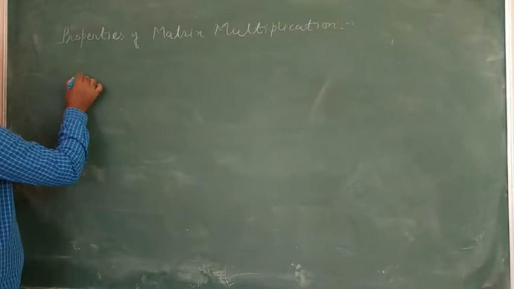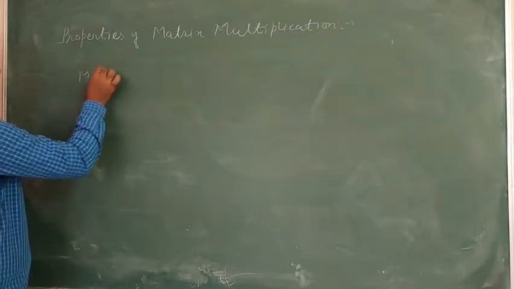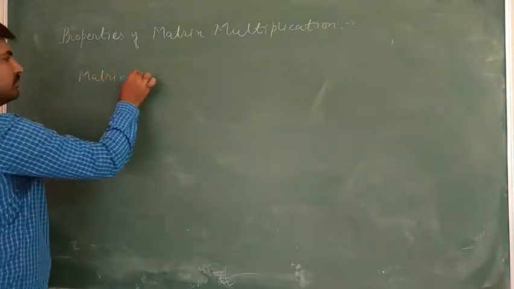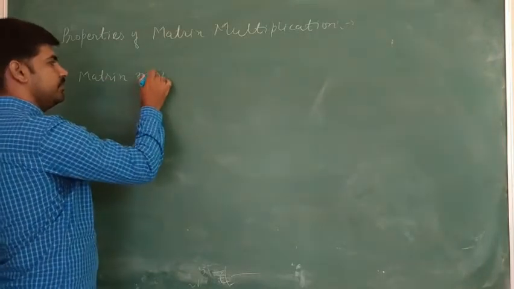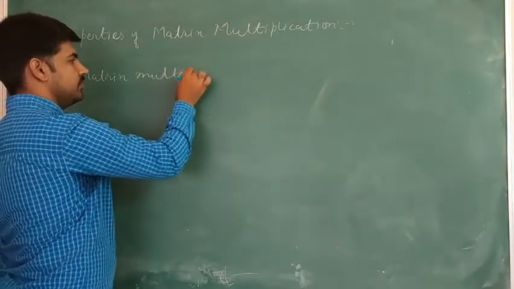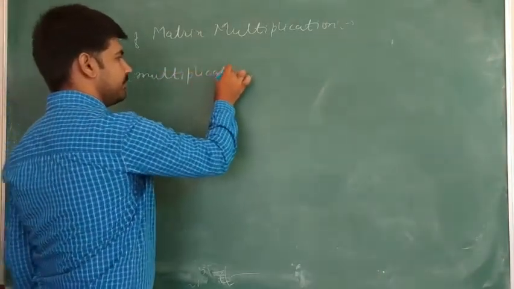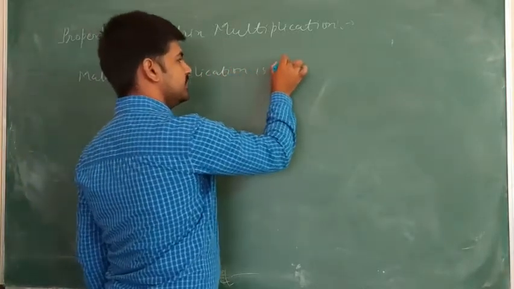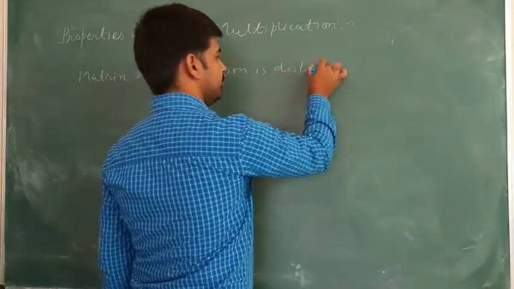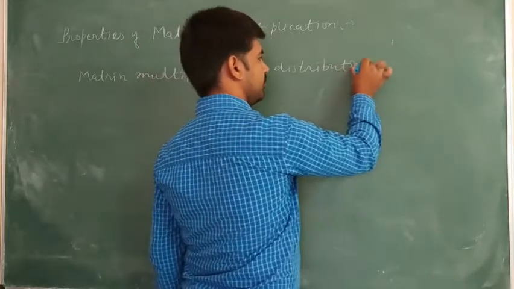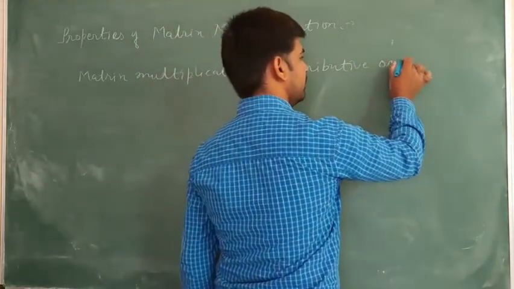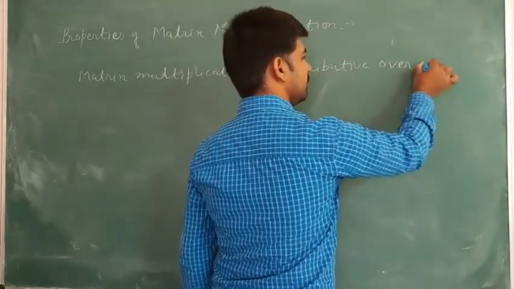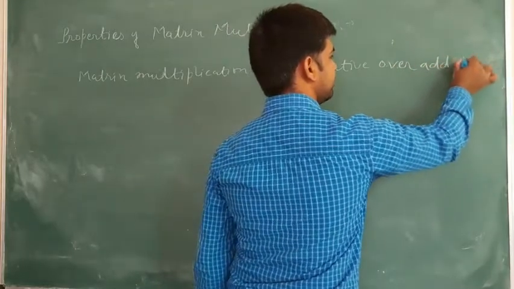So here I can write: matrix multiplication is distributive over addition.